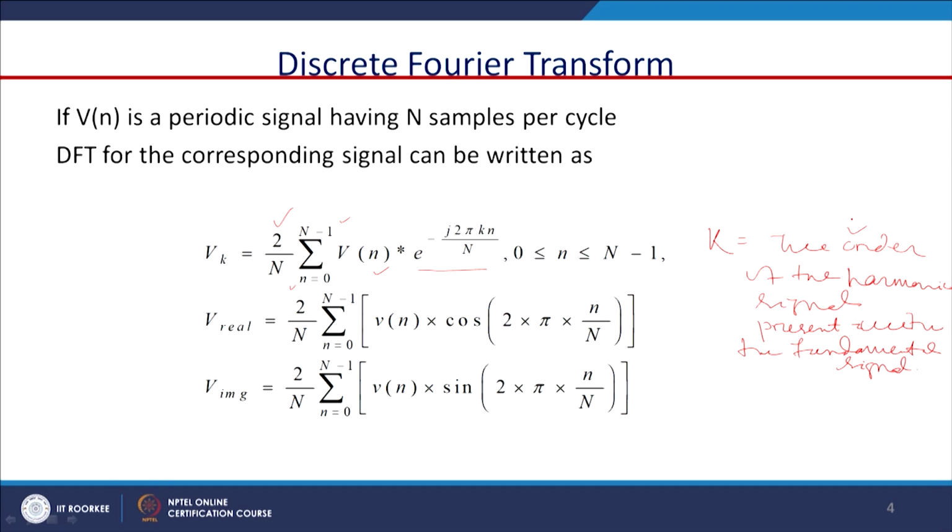So, intentionally we also calculate these harmonic components for our application, control or protection purpose. So, here this k stands for the order of the harmonic present in the fundamental signal, and this capital N stands for the number of samples per cycle.